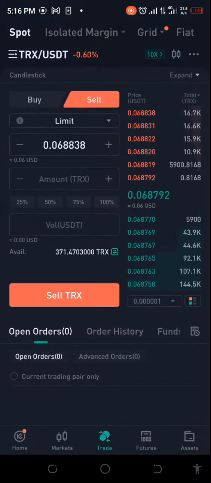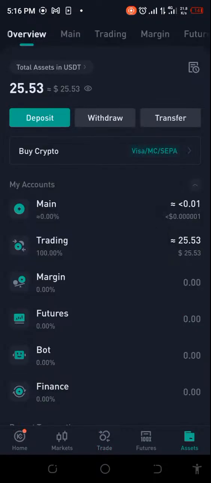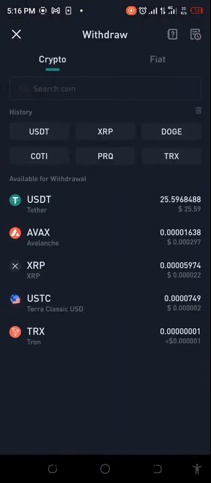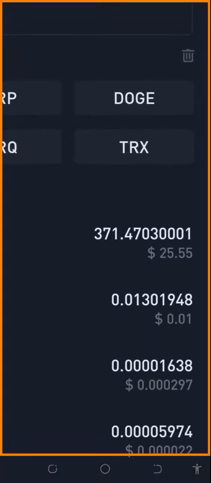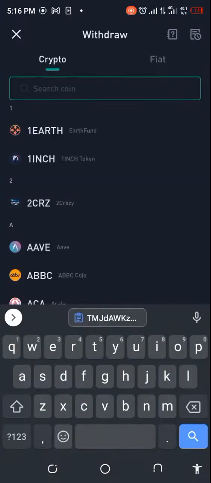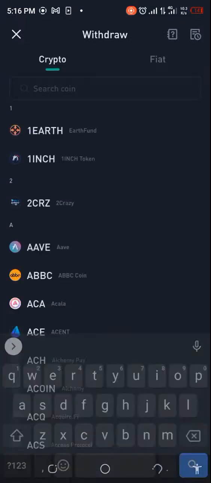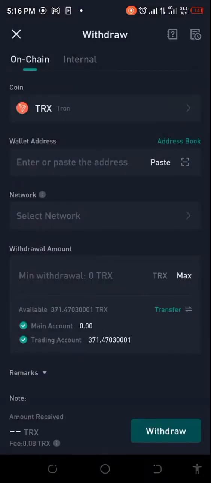All right, so that's what we're doing right now. We're withdrawing from here, and we're withdrawing TRX. You can see it already has everything there, okay? We're taking everything over. This is what I want. I'm withdrawing this and I'm just clicking on this. And then we'll put in the wallet address.